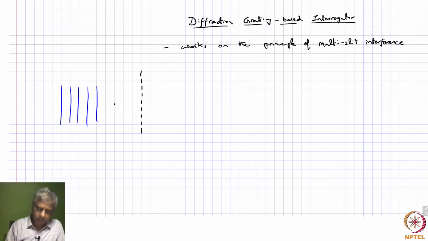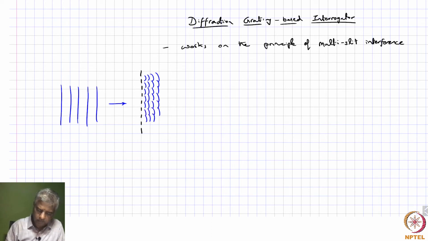So, let us say a plane wave is incident on this periodic arrangement of slits, then each one of these is going to cause a secondary wavelet, because the slit sizes are comparable to the wavelength of light itself.